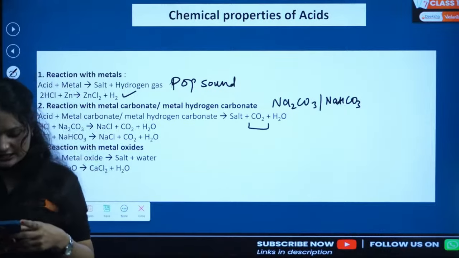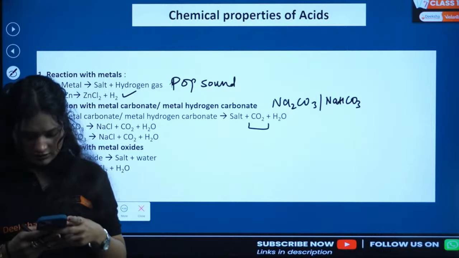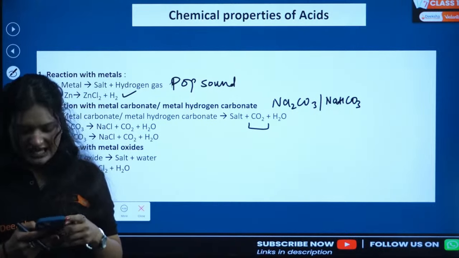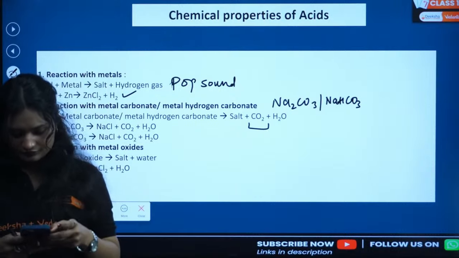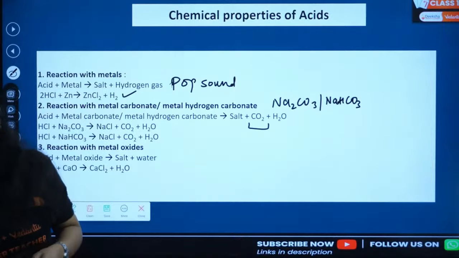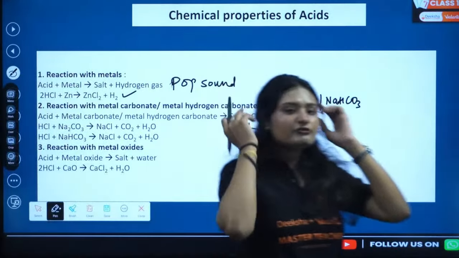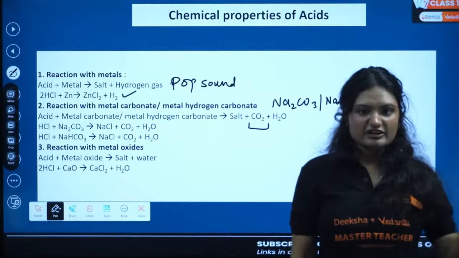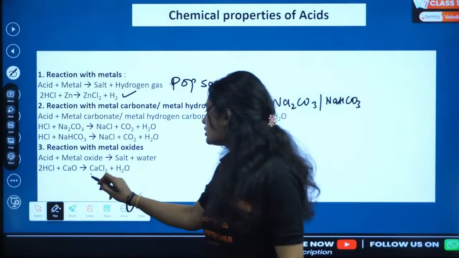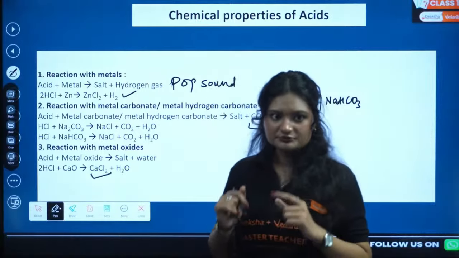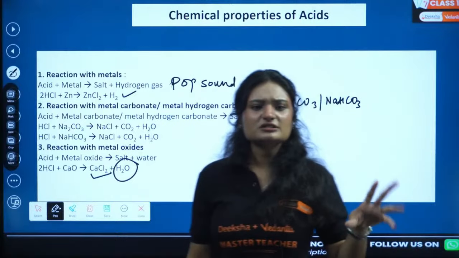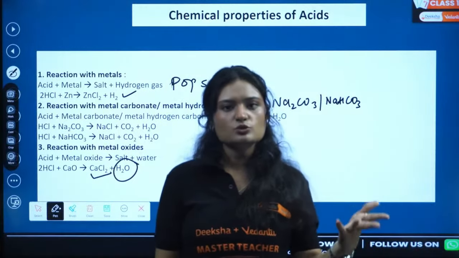So when an acid and base react, what do we get? Salt. When metal oxide and acid react, we will get a salt and water. Metal oxides are bases, so when acid and base react, we get salt plus water.